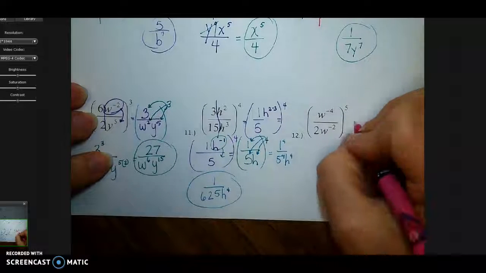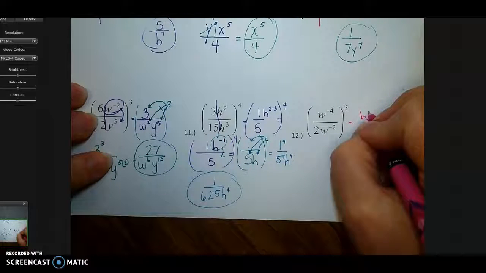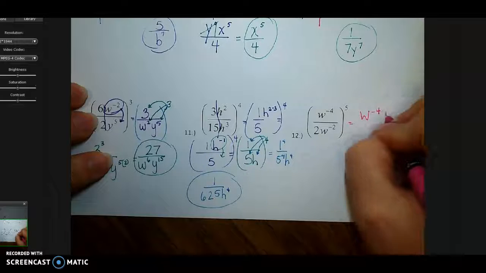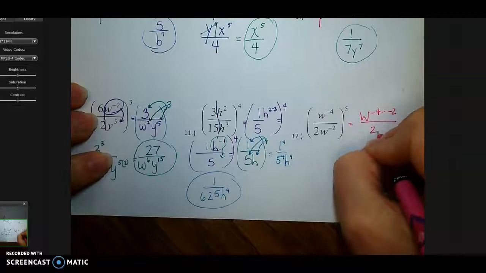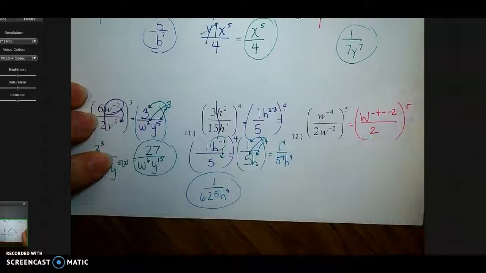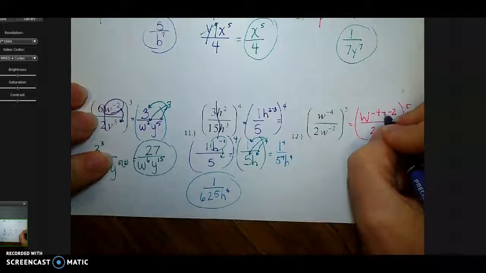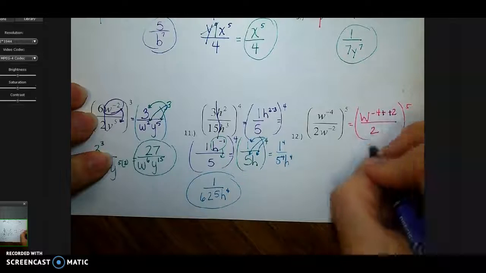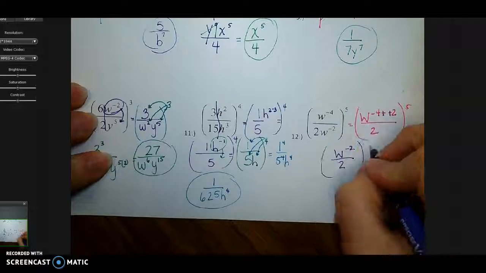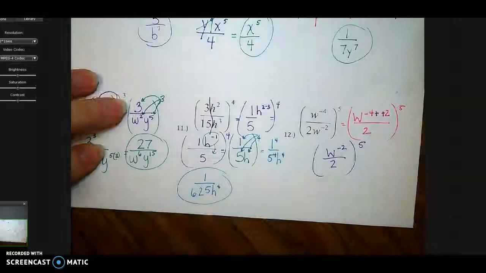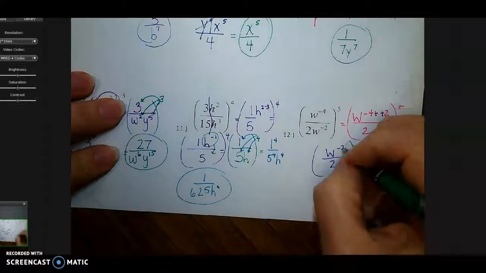Next, I'm going to do the same thing. I'm going to say, well, this is like w to the negative 4 minus a negative 2 all over 2. Well, this ends up becoming addition, so negative 4 plus 2, so I get w to the negative 2 over 2. I'm like, oh wait, look, that's negative. Let's go ahead and move it.